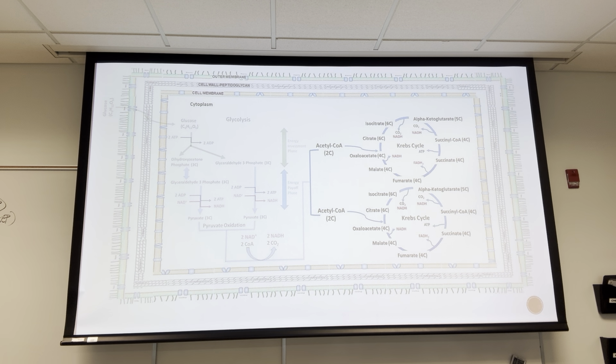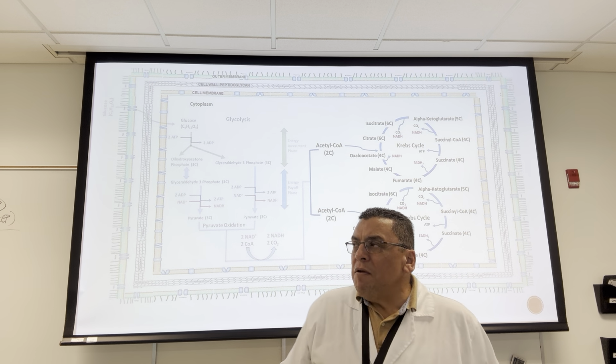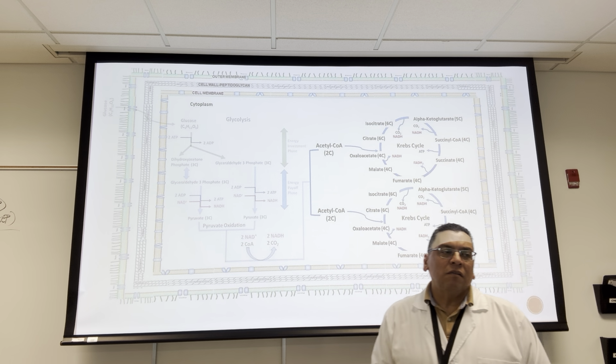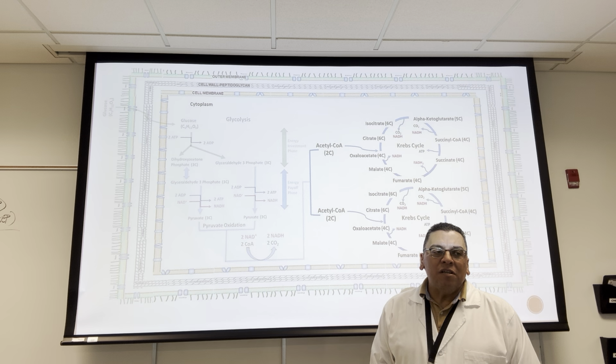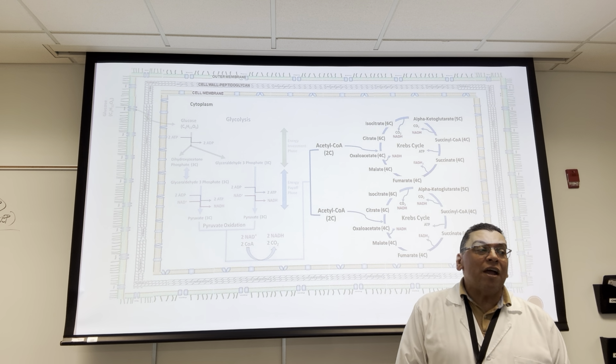So far we have 4 ATPs. Do you agree? Good. Now, the other ATPs are going to be made by the trucks, the 10 NADHs and the 2 FADH2s. Those are the guys that are going to make the other ATPs.